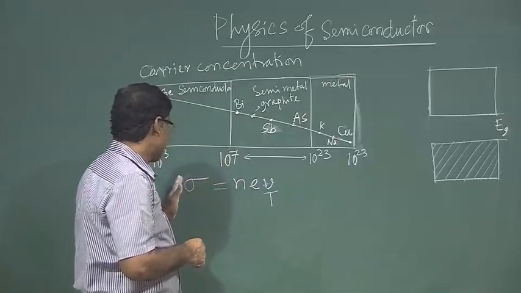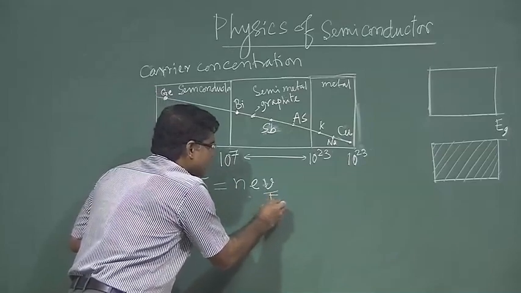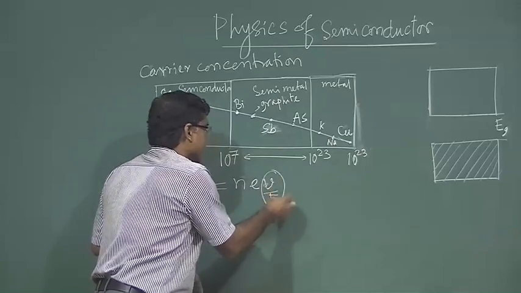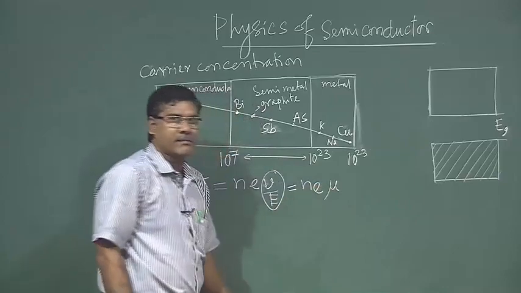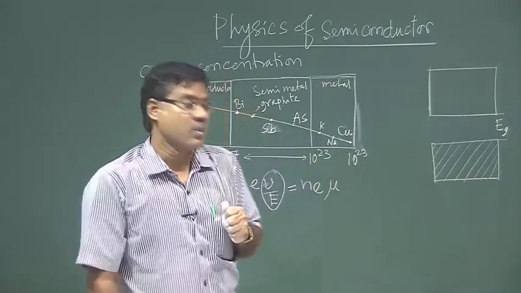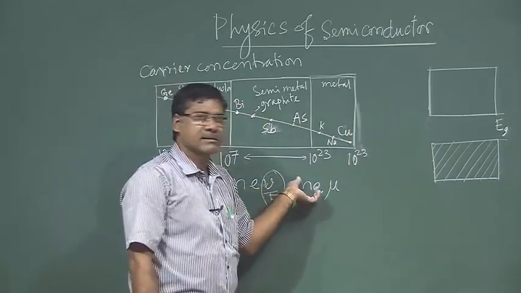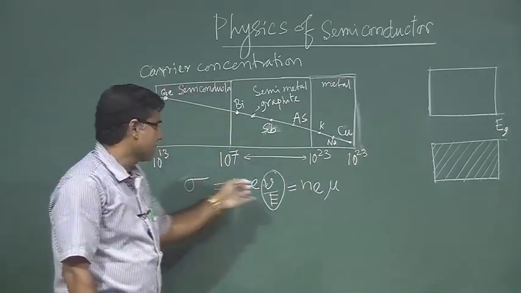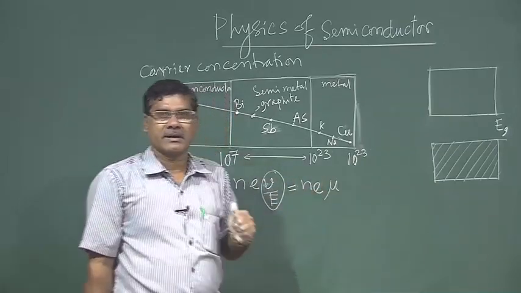Current density equals sigma E, right? So, if you divide by this E, then V by E, generally, what is this? V by E is the mobility, drift velocity per unit electric field, that is mobility. So, conductivity depends on the concentration of carrier and the mobility of that carrier.